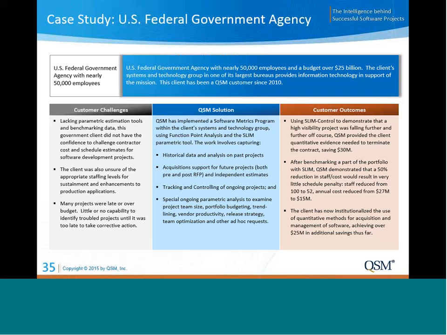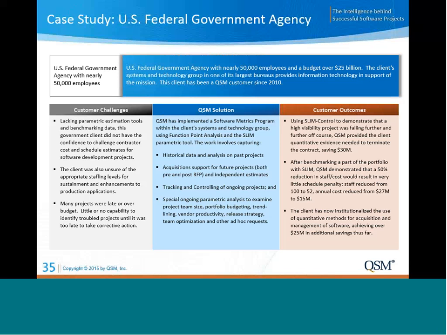And then also we did other special analyses of project team size, portfolio budgeting, vendor productivity, release strategy, et cetera. So just a couple of examples. The first bullet here is actually the slide I already presented. It was the high visibility project that they were able to terminate and save $30 million that they would have spent, and to replan.